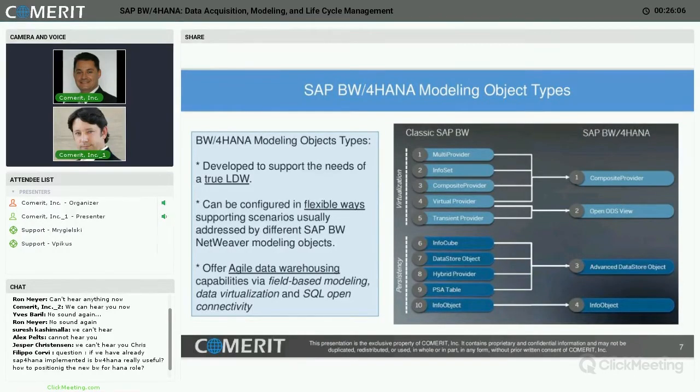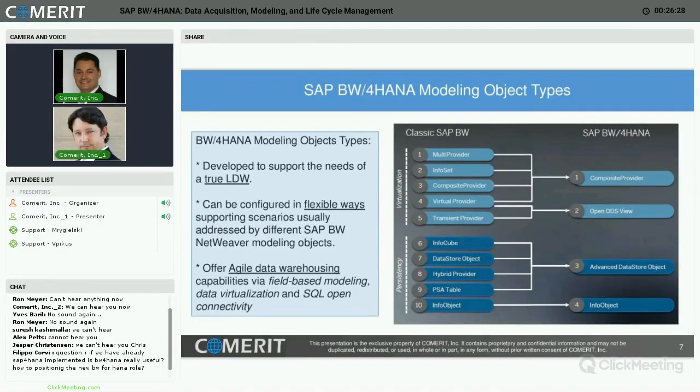There are 2 major areas. One is the virtualization, and the other is the persistence, as I spoke before. For persistence, to store data into the HANA database, you pretty much have 2 object types. InfoObjects, of course, keep the same concept as we had on NetWeaver BW, meaning they are for master data.